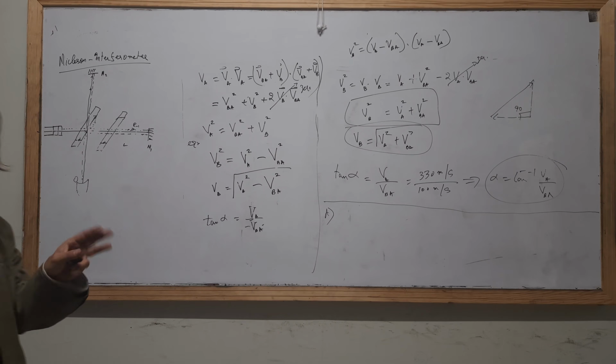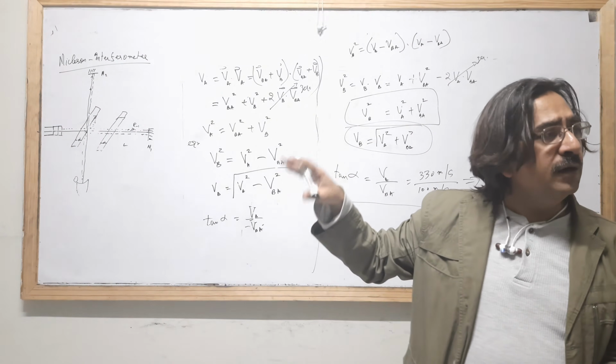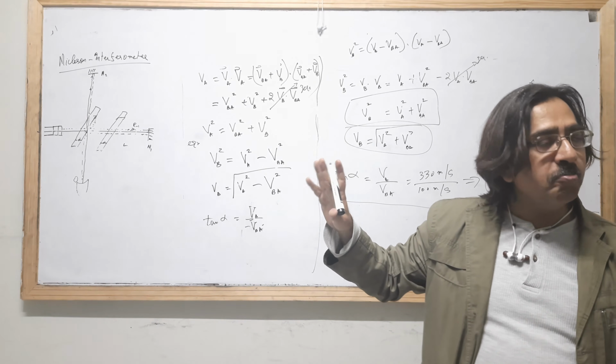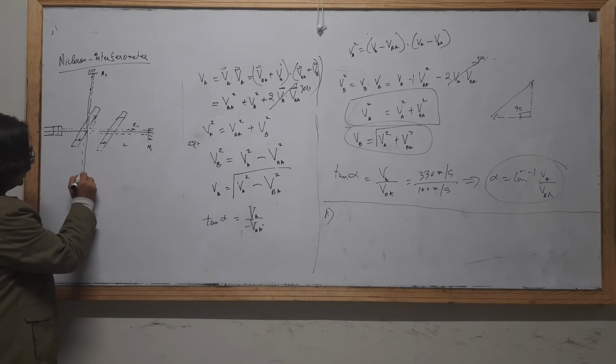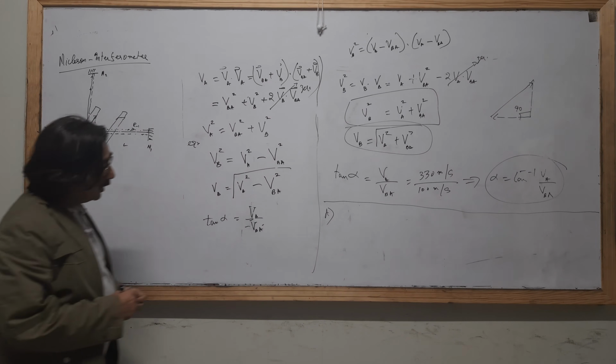So the change in frequency or wavelength will be the same for the two lights, the two laser lights. They will join each other and make an interference pattern here. Got it? And you will observe the rings.